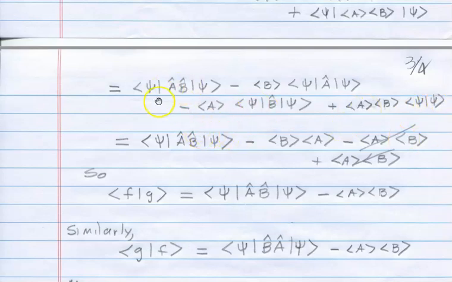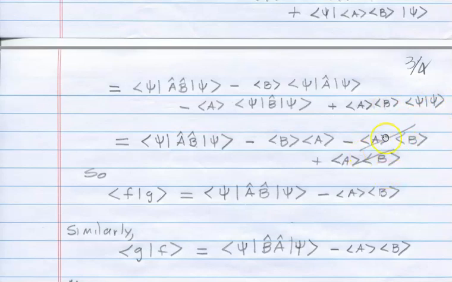So I can write the first term I leave as is. This second term simply becomes expectation value of B times the expectation value of A. This one becomes expectation value of A times the expectation value of B. And this one, expectation value of A times the expectation value of B times 1.